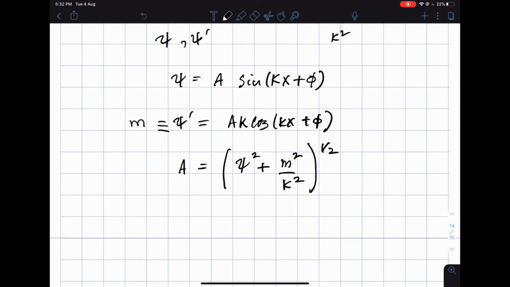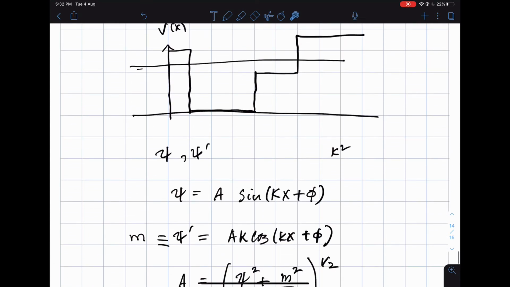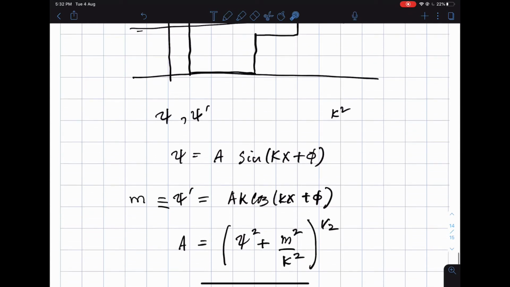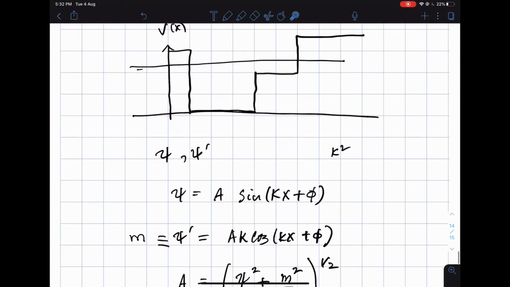Now since psi is continuous and m is continuous, as we go across these potential steps, both of these quantities will be continuous. But the kinetic energy k squared is given by 2m(E minus V) divided by h bar squared. This is not continuous, it jumps over here.